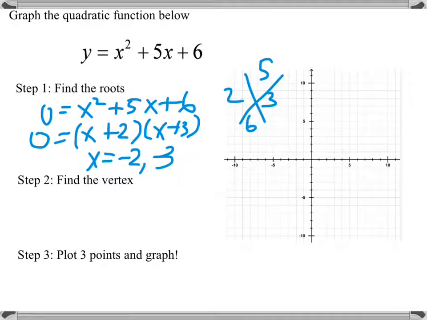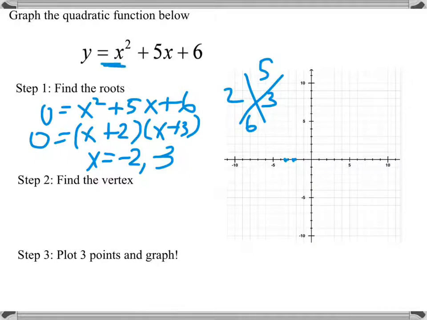That tells me where the graph passes through the x-intercepts, or the x-axis. So let's plot x equal to -2 and x equal to -3. This graph is going to go down and dip somewhere between these two roots.